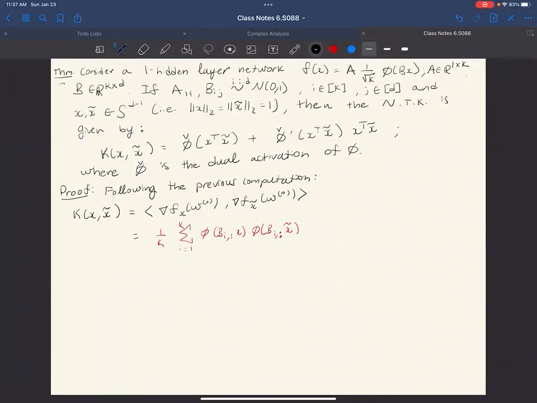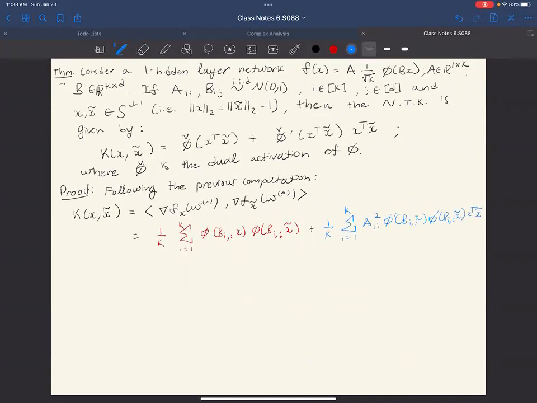plus my term in blue, which remember, I had just written as a1i squared, phi prime of bi colon x, phi prime of bi colon x tilde, and an x transpose x tilde.